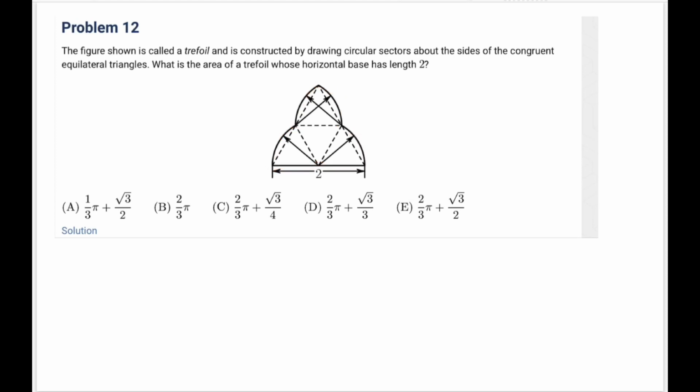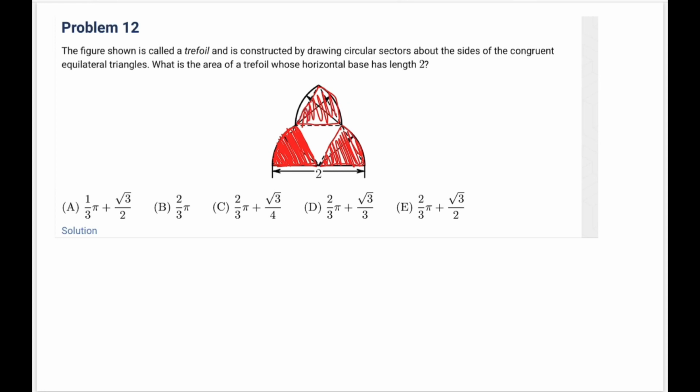Okay, so we want the area, but notice that this trefoil can be divided into 4 equal pieces that each have this much area, right? Obviously one more here, and then we have one more here, right?